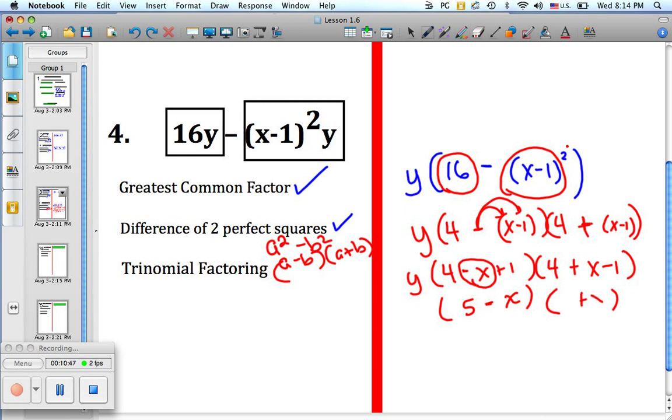The positive x comes down, and 4 minus 1 is 3. And then the y is sitting out front. There is no trinomial here. I'm only left with a monomial and 2 binomials. So my final answer is y, 5 minus x, 3 plus x.